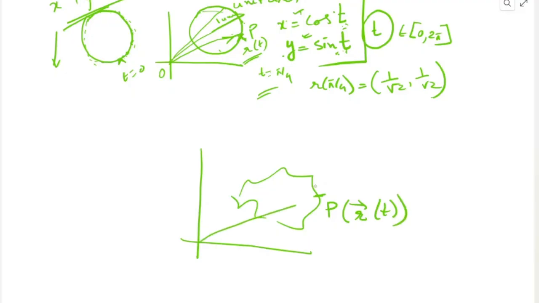This is a position vector, and the origin is the point with respect to which we measure everything. Here I am drawing in 2D, with an x-axis and y-axis, so you will get two components, one r1(t), another r2(t).